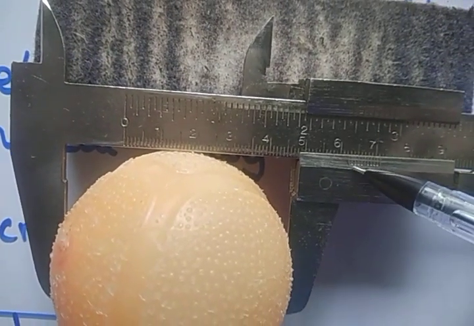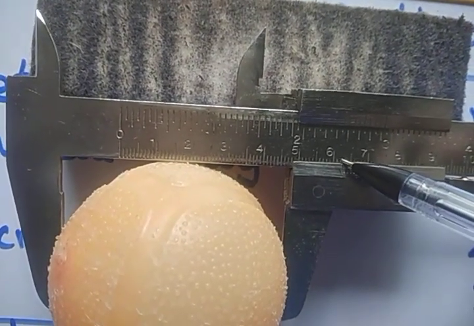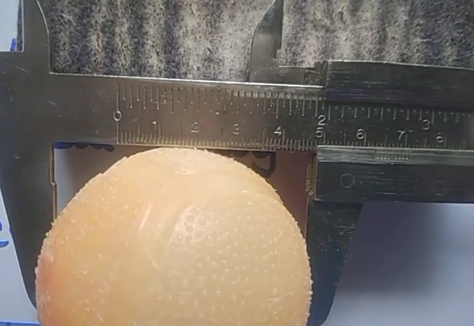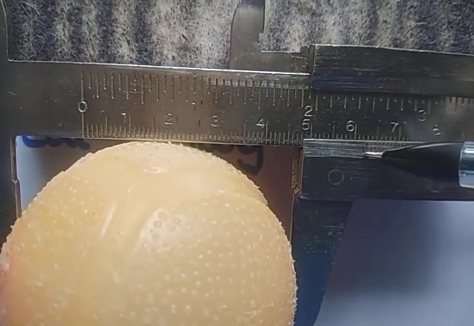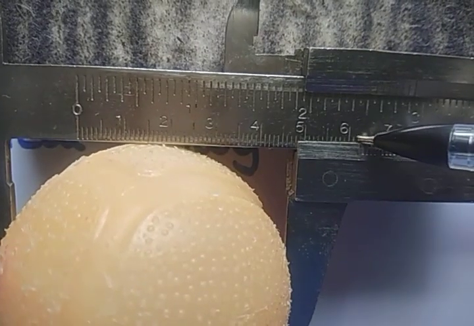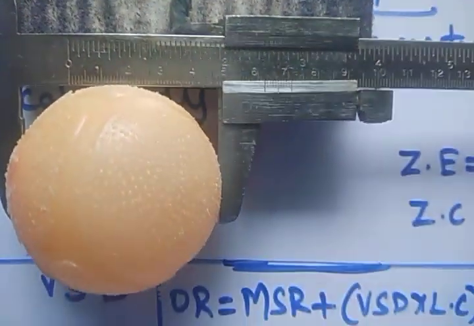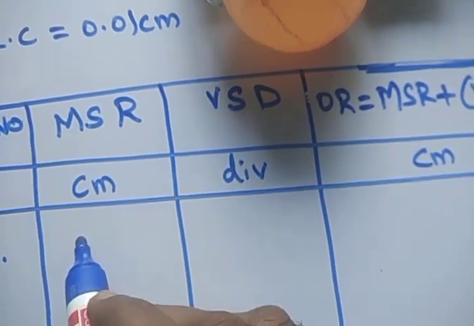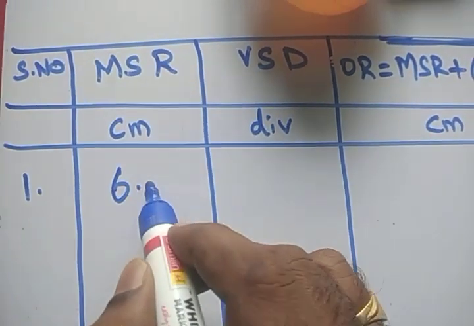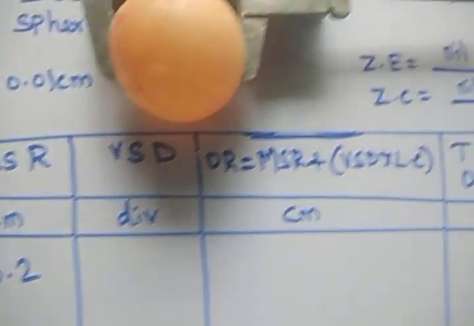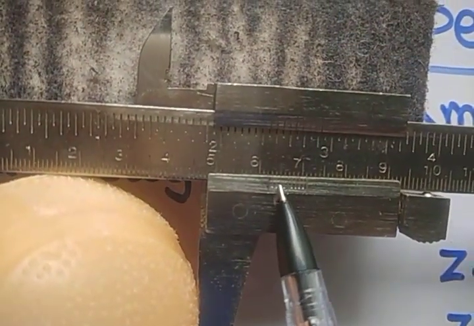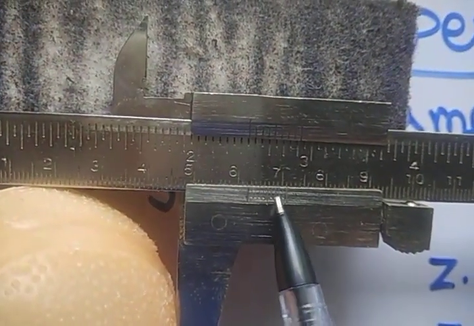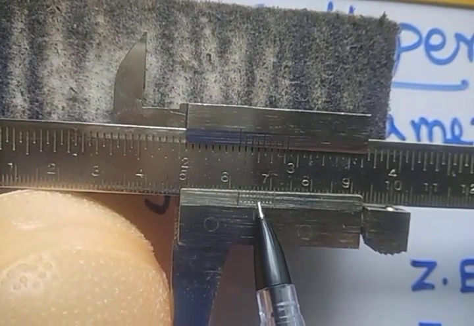So this zero exactly coincides with 6.2. So the main scale reading is 6.2 centimeter.